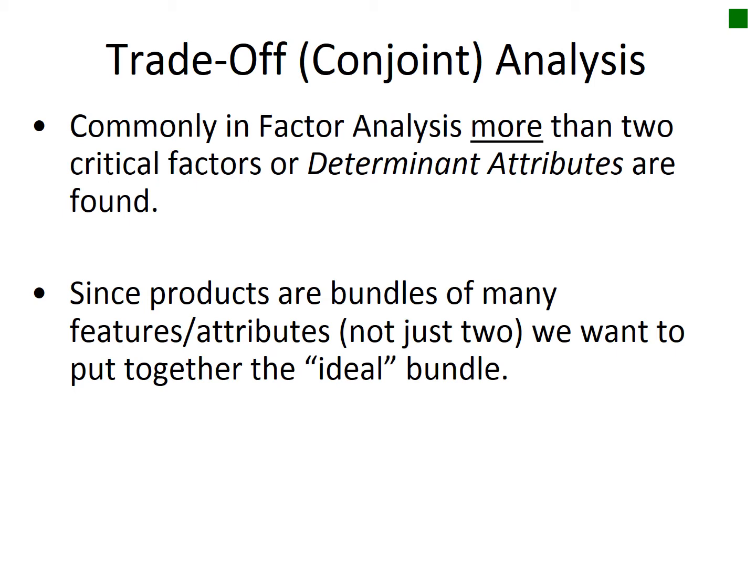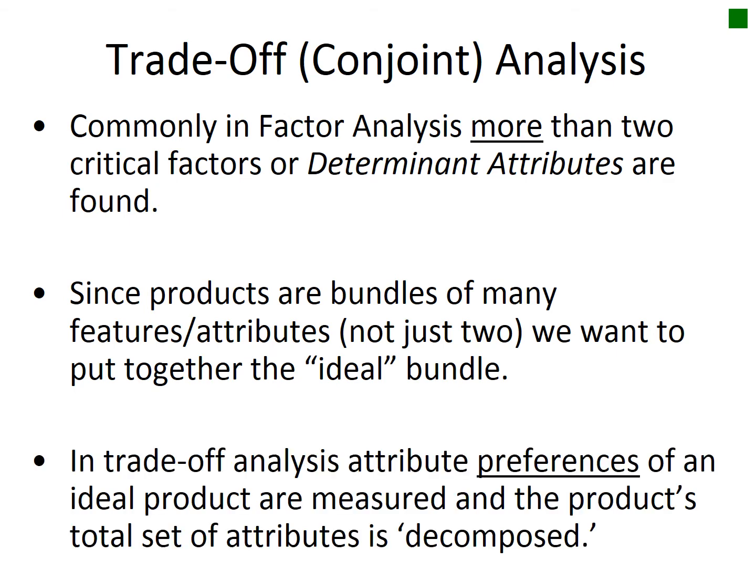This can be a challenge if we're only looking at a perceptual map that demonstrates two features at a time. A lot of times we want to look at more than one. So in trade-off analysis, consumers will look at products and provide their preferences as to which products meet their needs the best based on the different features or attributes they have, and they're willing to trade off some features for others.